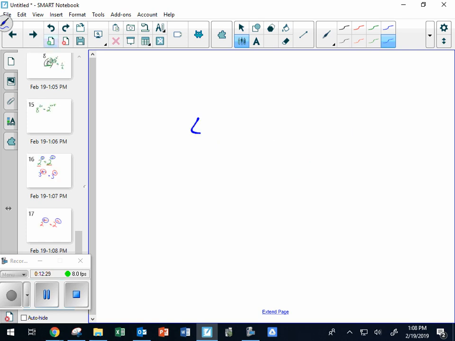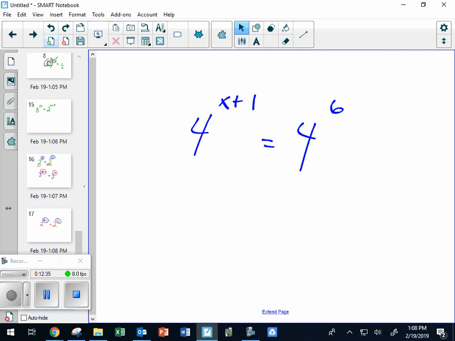Try this one. 4 to the x plus 1 is equal to 4 to the 6th. Don't say it. Solve it. Figure out the answer. They'll get harder. It's supposed to be the easy kind. Now, I wish I could say that mathematically those 4's just canceled, but they don't.